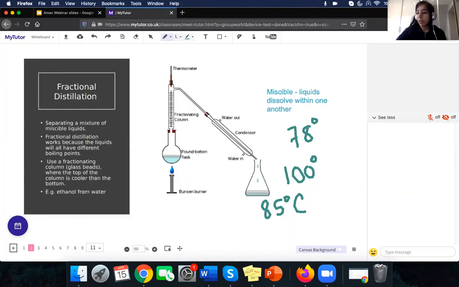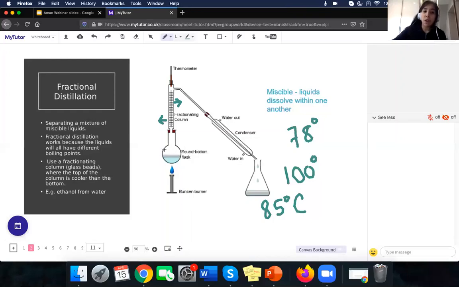So let's say the ethanol, because it's got a lower boiling point, starts cooling here. Because it's over halfway, approximately, it will eventually end up in the condenser. Whereas if the water starts cooling here, because it's got a higher boiling point, due to gravity, it will drip back into that flask.